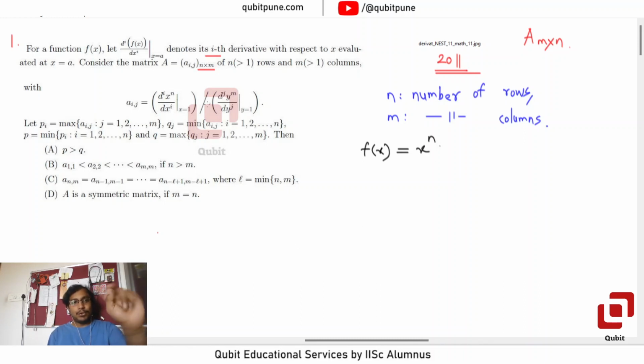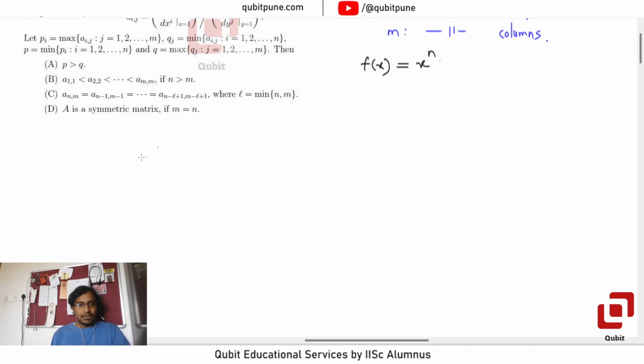In the numerator we are differentiating that function as many times as the row number, and in the denominator we are differentiating the function as many times as the column number of that particular location, and we are substituting x and y, well, the value as 1. So what I'm going to do is start building a matrix, and then we can have a better idea of what exactly is happening there.